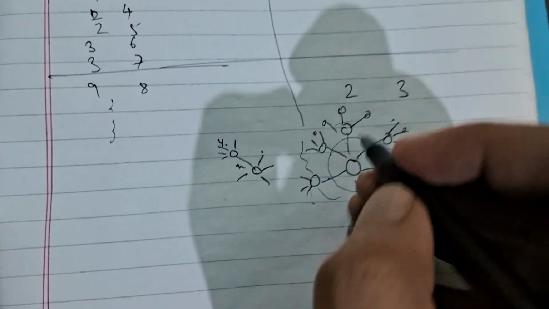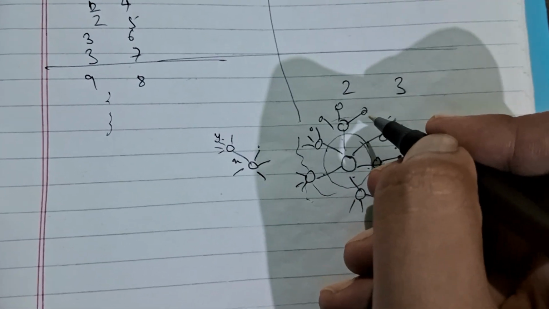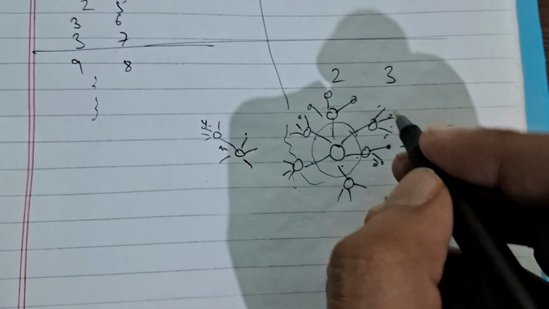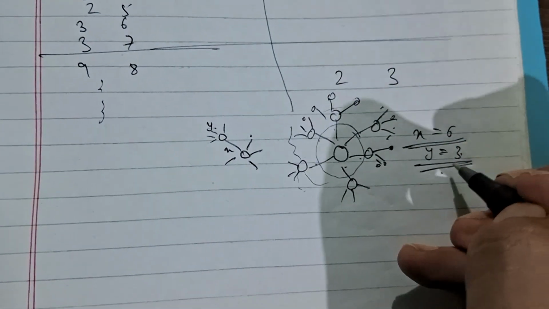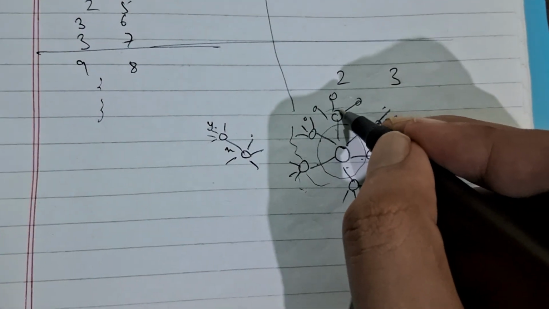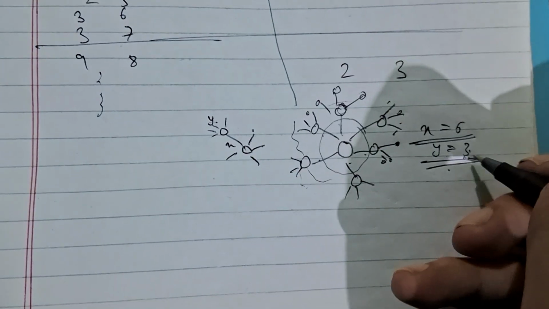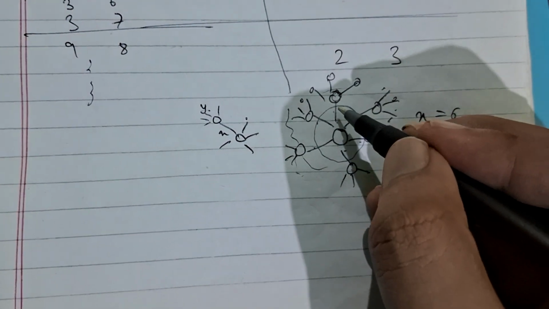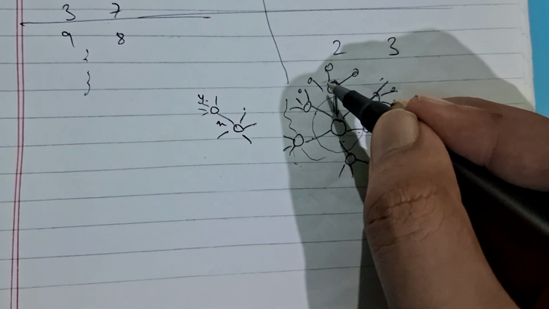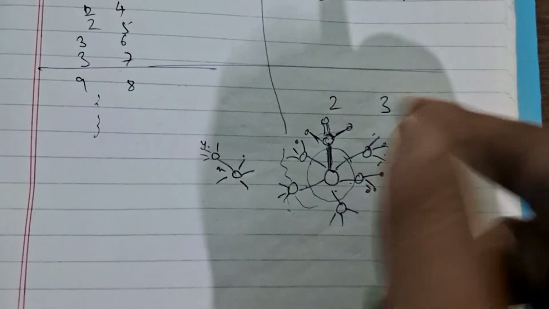My mistake: y is equal to 3, but that doesn't mean that all these have a degree of 3. All of these have a degree of 4, that is y plus 1, because they are also connected to the center. So we are not only considering this 3, we are also considering this.